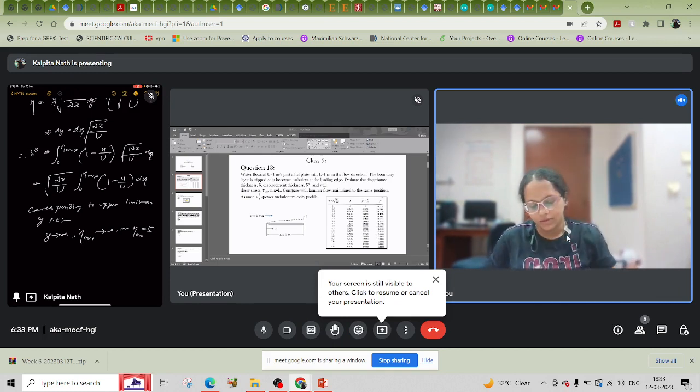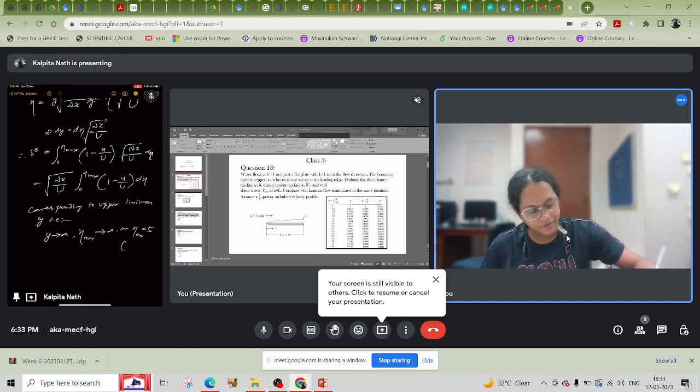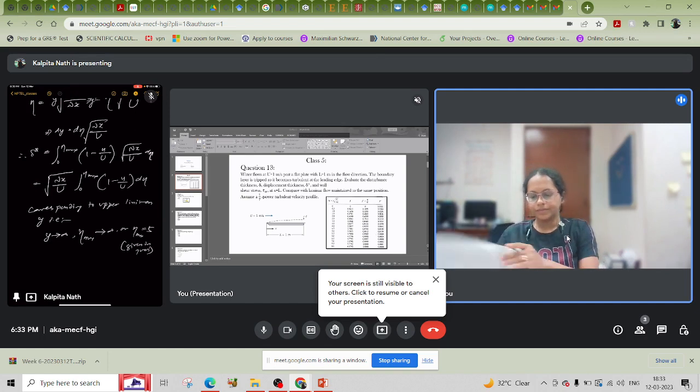Here eta is y root over u by nu x, so if we put in the values given in the question, we find eta max to be 5.